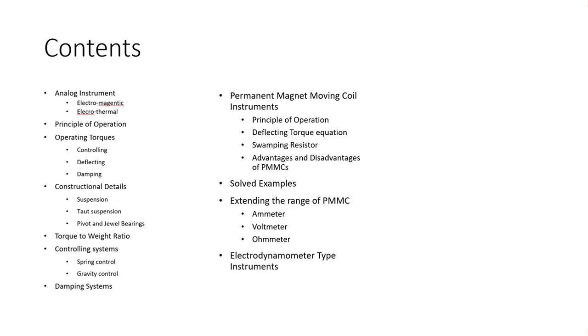We will first study the electromagnetic and electrothermal type instruments, which are basically the analog instruments. After that we will study the principle of operation of some instruments, and then the operating torque, the damping, deflecting and controlling torque, and after that we will study the structural details such as the suspension, the taut suspension and pivot and jewel bearings.